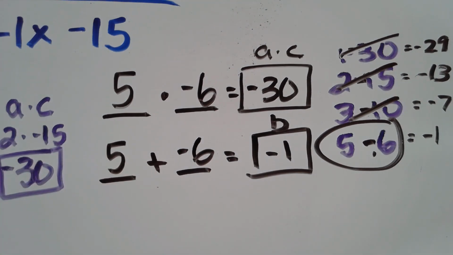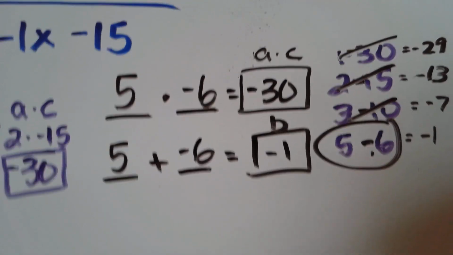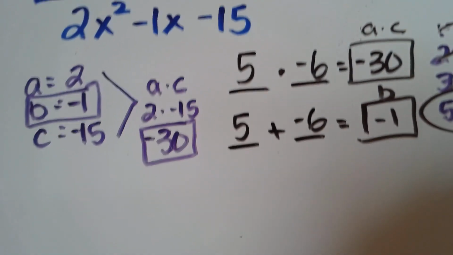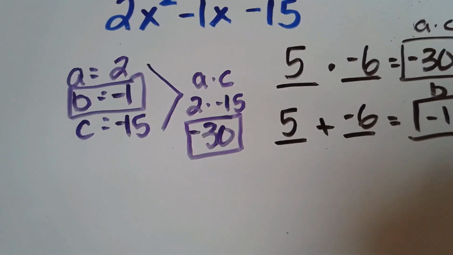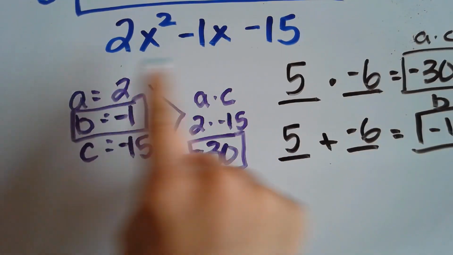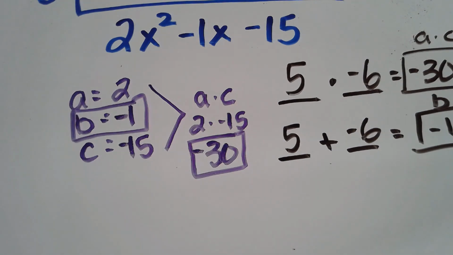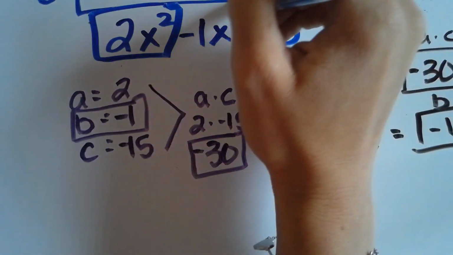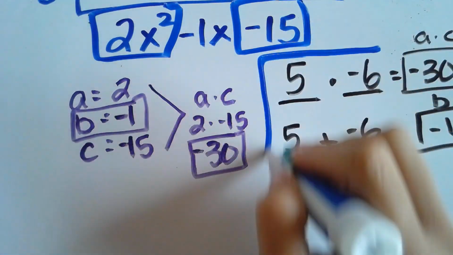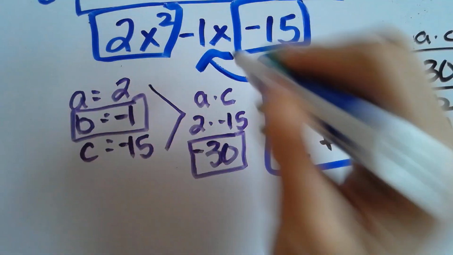So let's go ahead and get into our factor by grouping. And when we do that, we're going back to this equation right here. So we are going to keep our A, and we know we're going to keep our C. These two replace our B, okay?